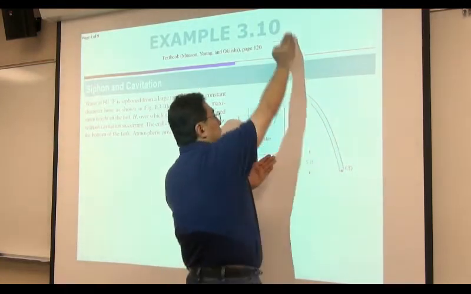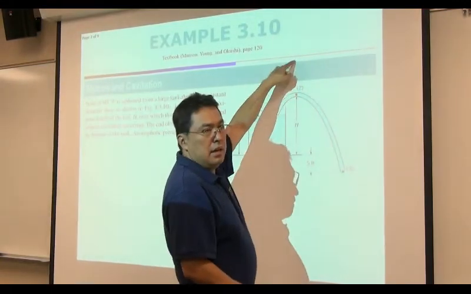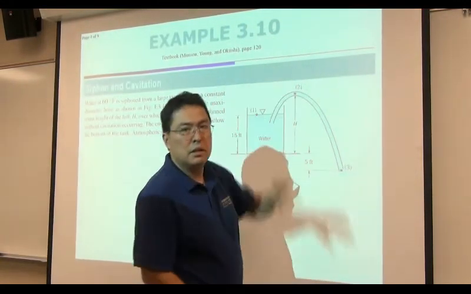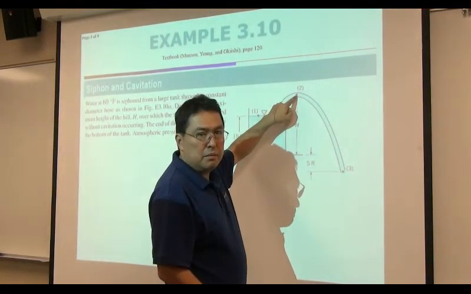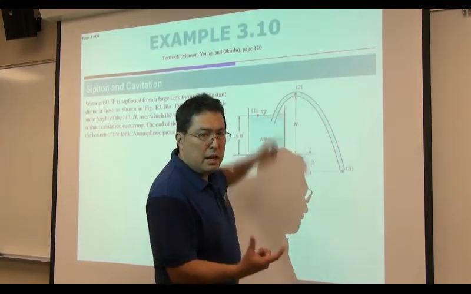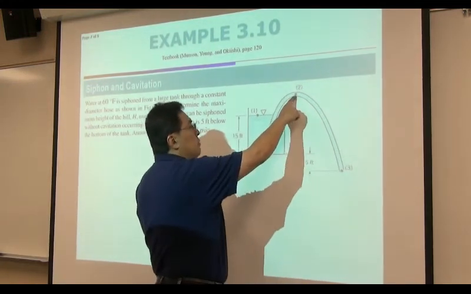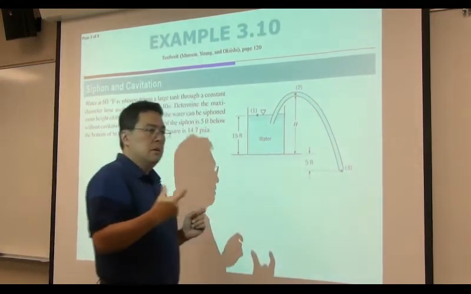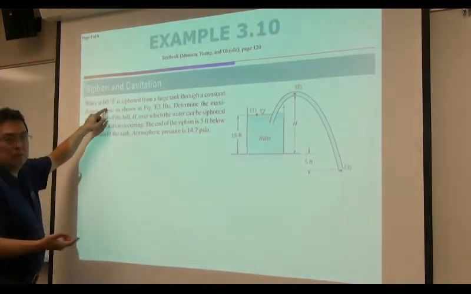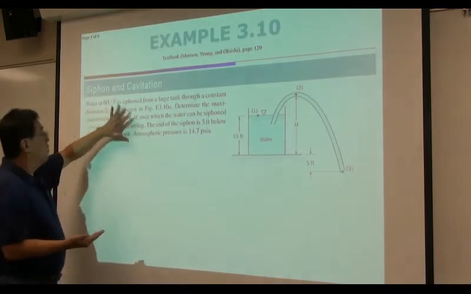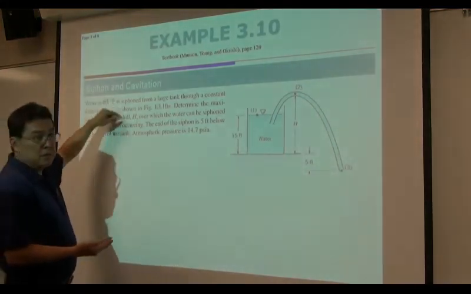If this H is really high, pressure goes down and down and down and more. If the pressure is too low, right here, cavitation starts to happen. The condition of that is to hit the pressure here becomes equal to the vapor pressure of a given temperature of the water, which is 60 degrees F. That's why this information is necessary.